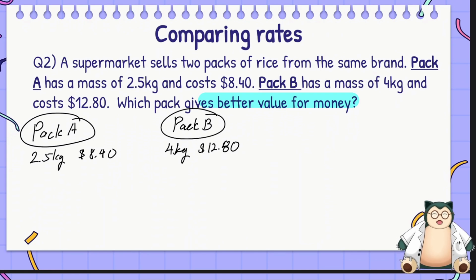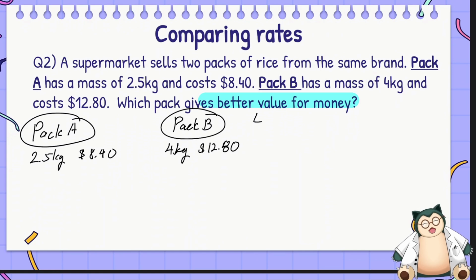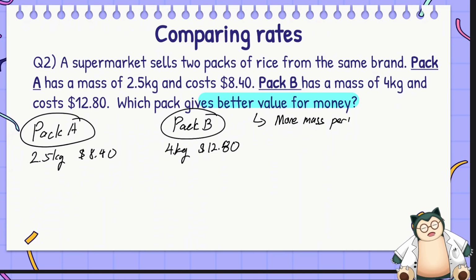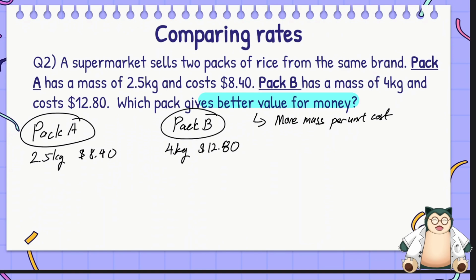There is no one correct way. Maybe one way to look at it is the more mass per unit cost. So we want to have more mass per unit cost.